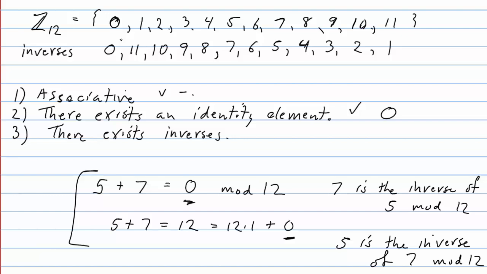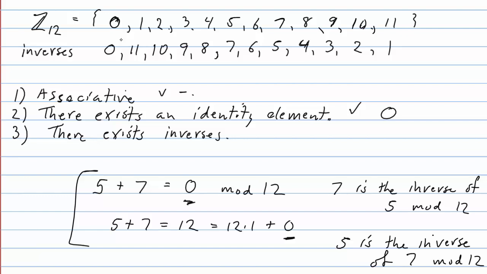There's no reason we had to just use 12. We could have done the same thing for any positive integer. Namely, I could have talked about addition modulo 15. I could have talked about addition modulo 32, addition modulo 1000, addition modulo 85 billion. And it would have worked in the same way.